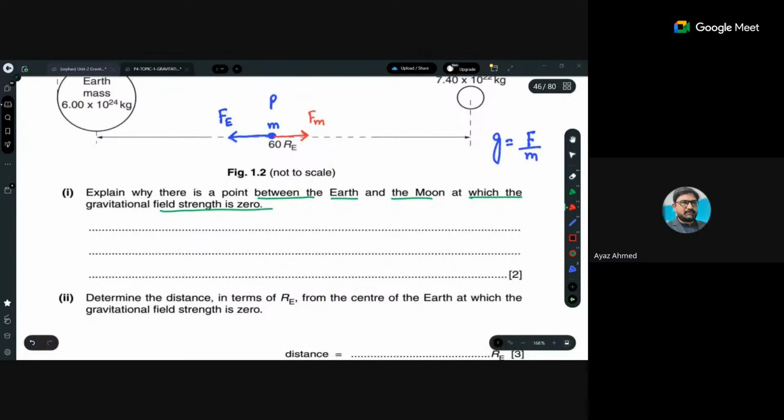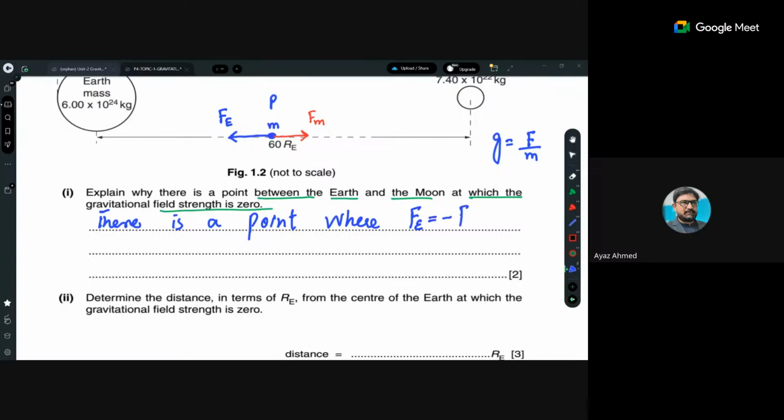So you will say that there is a point where the gravitational force of the Earth is equal and opposite to the gravitational force of the Moon.